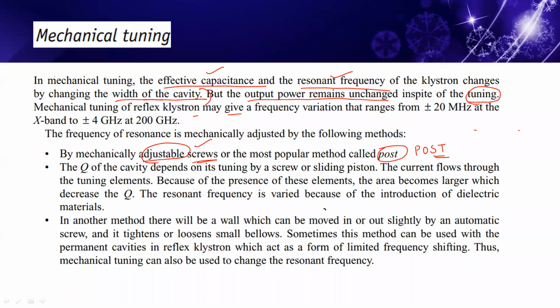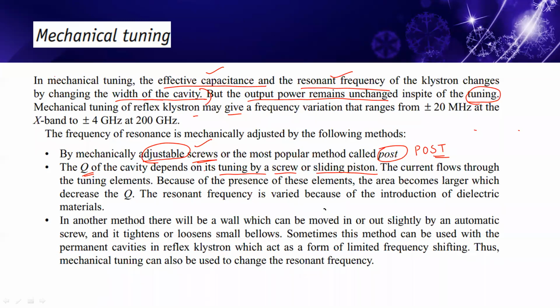The second thing is that the frequency of resonance is mechanically adjusted such that the quality factor of the cavity depends upon its tuning, just by a screw or a sliding position.